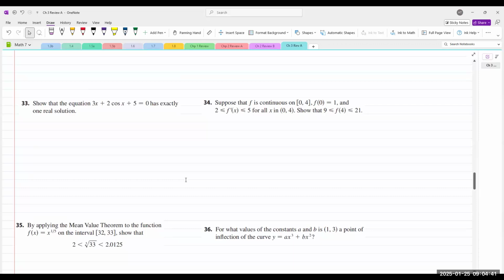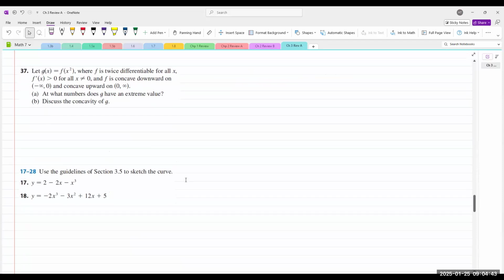Yeah, I think it's 3.2, 3.3. Okay. And then I go on to 17 to 28, which is from section 3.5. Okay. Oh yeah, it does say it here.